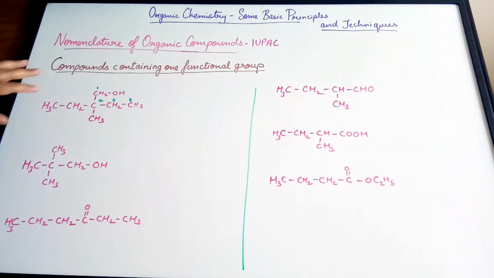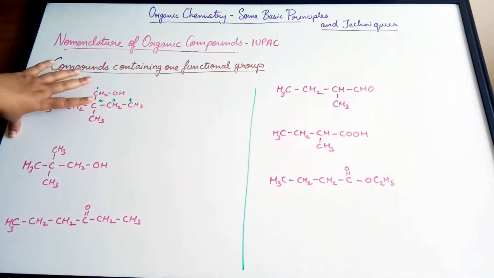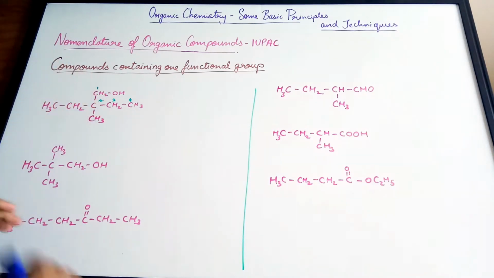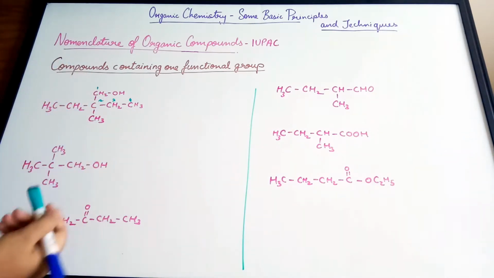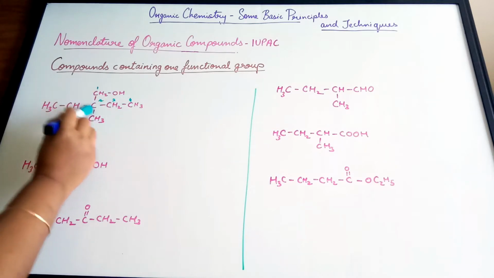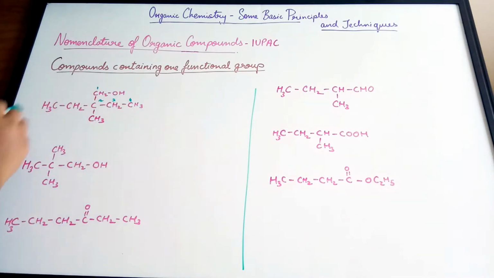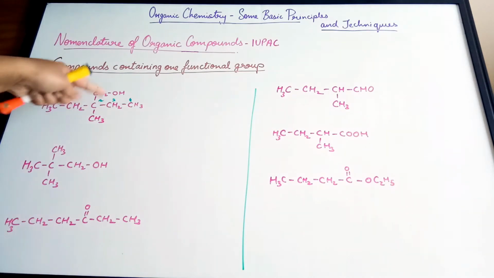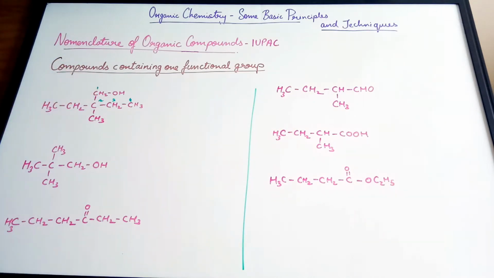So here in this compound you have the alcoholic group. OH is an alcohol, and it's attached to this carbon atom. So this automatically becomes the longest chain and not this one. This is the basic carbon chain which will be selected, and its name will be based on this one.